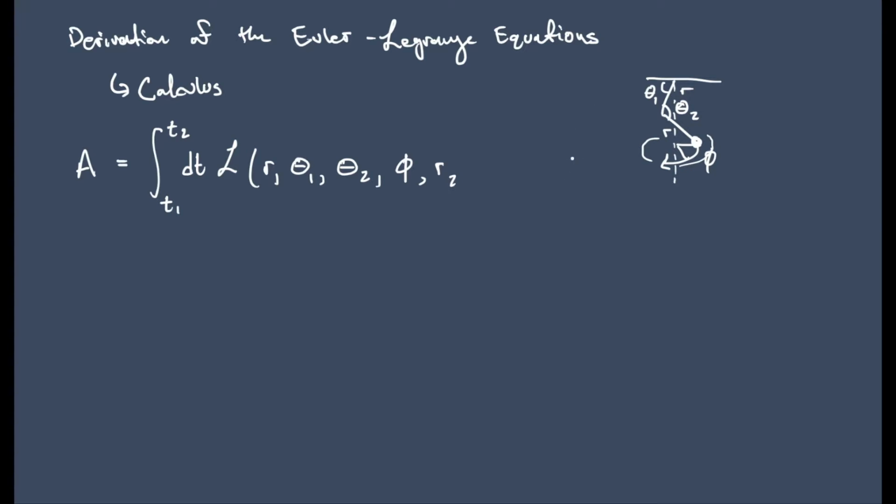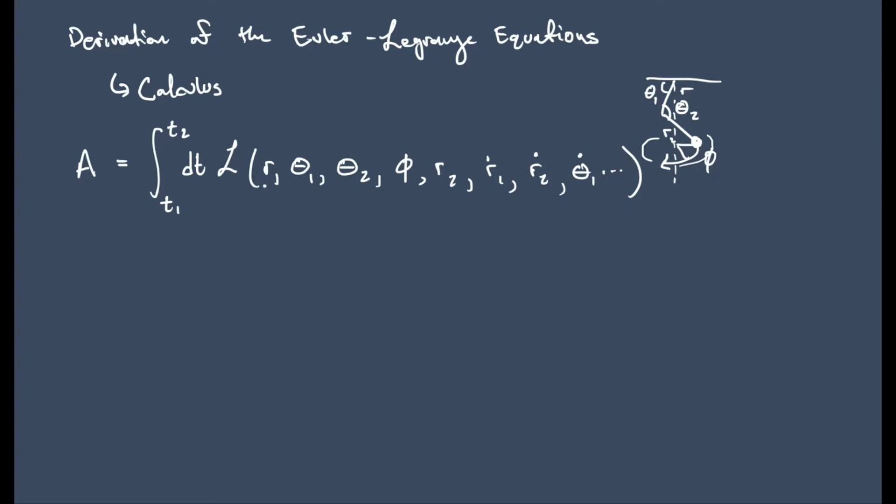All right, so it's a function of all these, but it's also a function of the derivative of all of these. So all of these independent variables have derivatives to them. So there's R1, R2 and its derivative, theta 1 and its derivative, and so on.